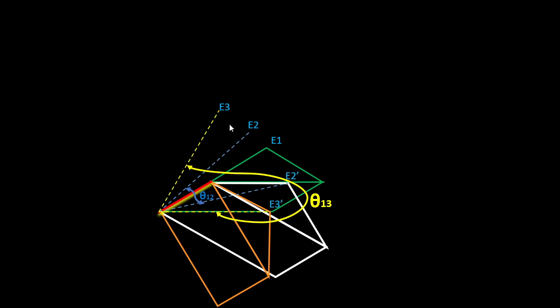So what we will do first, in our graph, we will plot the E1, E2, E3 points, and we will choose a point for the fixed link, and we will draw lines to E1, E2, E3, and we will rotate E2 by theta 12, E3 by theta 13.